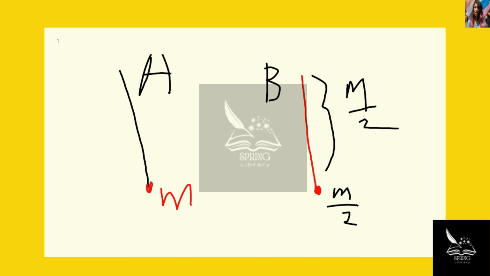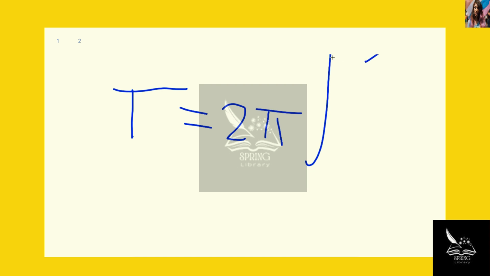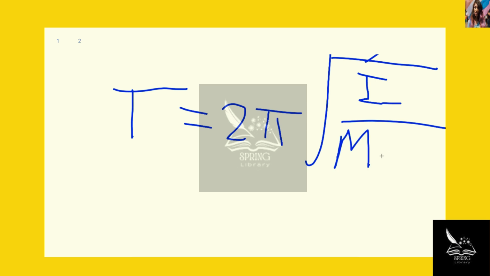So we can make use of our handy formula for the period of a real pendulum, which is just 2 pi times the square root of the moment of inertia over the total mass m times gravity times the distance of the center of mass from the axis of rotation.